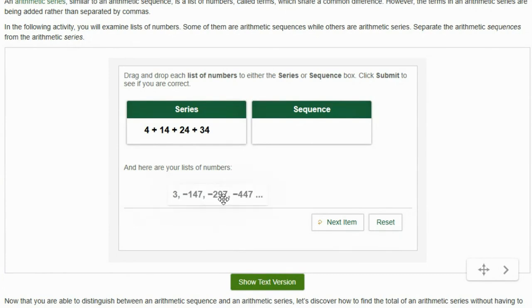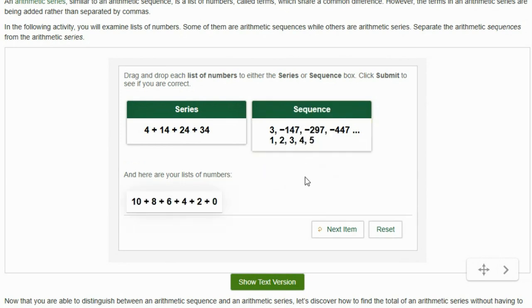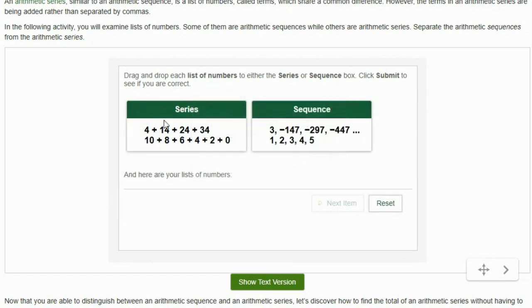Since there's commas, this is just a sequence of numbers like we just got through looking at. 1, 2, 3, 4, 5. Series or sequence? There's no addition, it's just commas. If there's commas, it's a sequence. Oh, look, no commas. This is a series, right? So series, we add them together. A sequence, they put commas just to separate them.